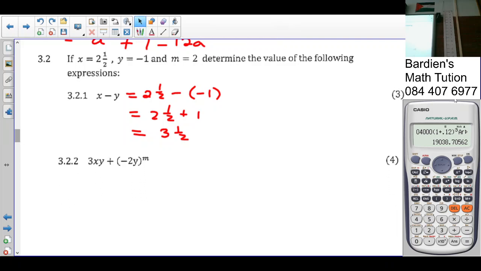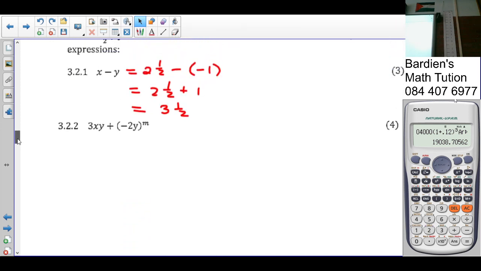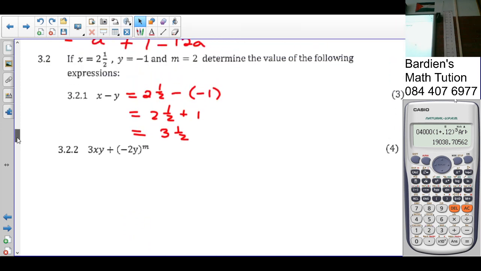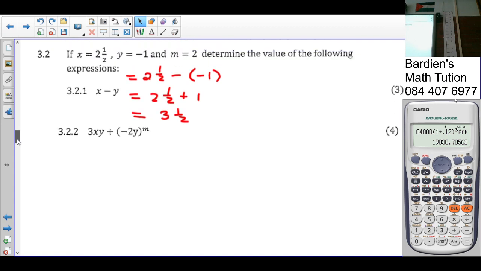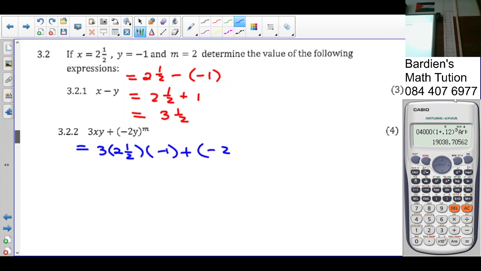In question 3.2.2, what you note here is that you've got 3xy, so that is 3 times x, which is 2.5, times y, which is negative 1, plus negative 2. What's your y? Negative 1, so I must multiply it by negative 1, raised to the exponent m.